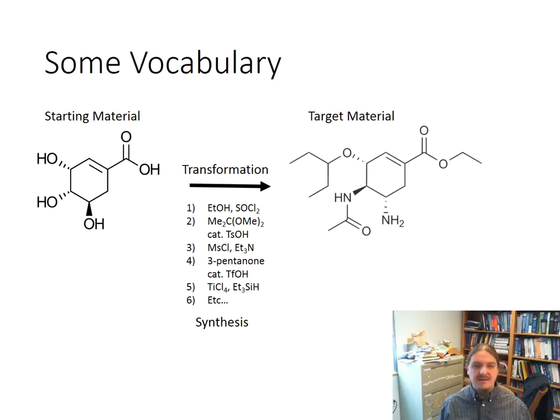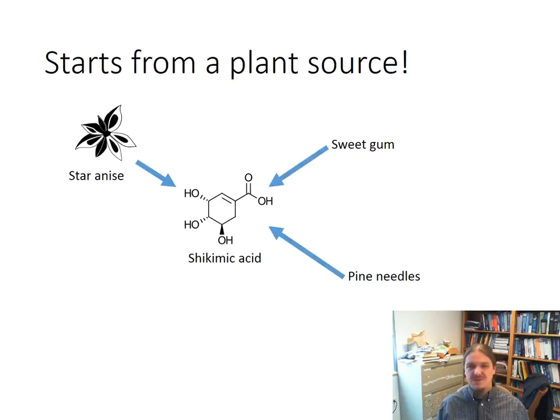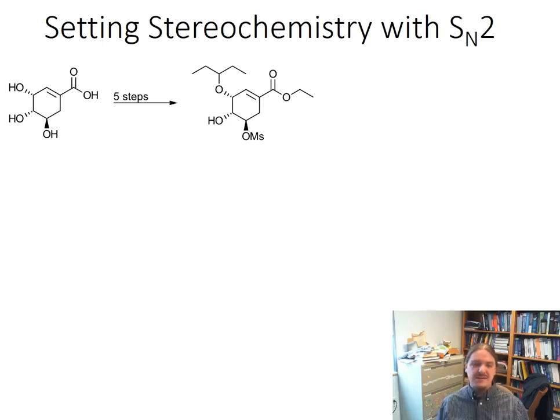And practicing organic chemists change the relative stereochemistry in just the way that you learned how to do so when you studied the SN2 reaction. The SN2 reaction is one of the most powerful ways to swap the relative stereochemistry.